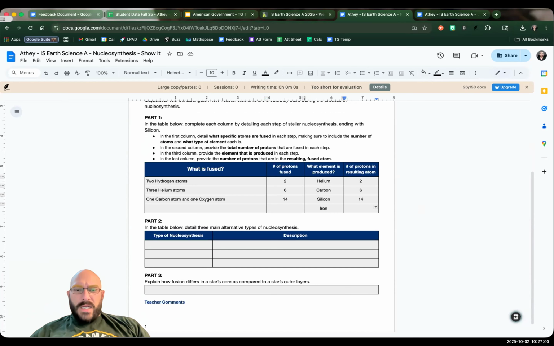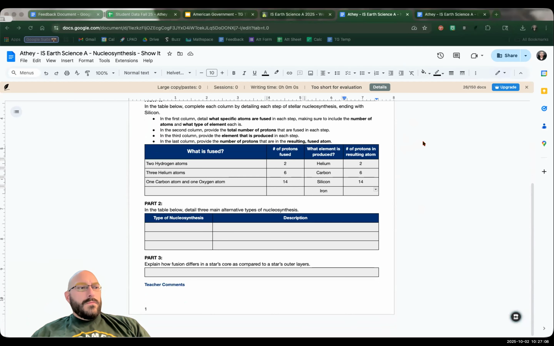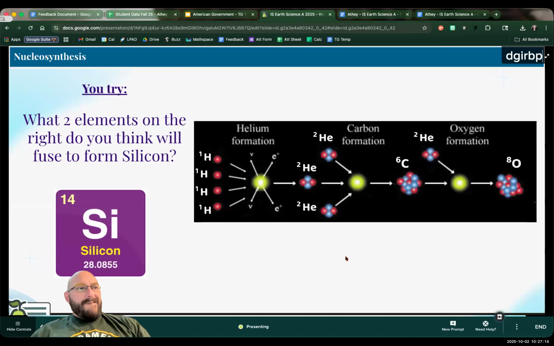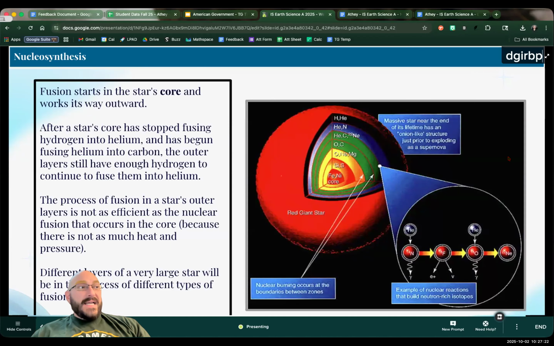What element number is iron? Yeah, it's element 26. Okay. So this keeps going, right?